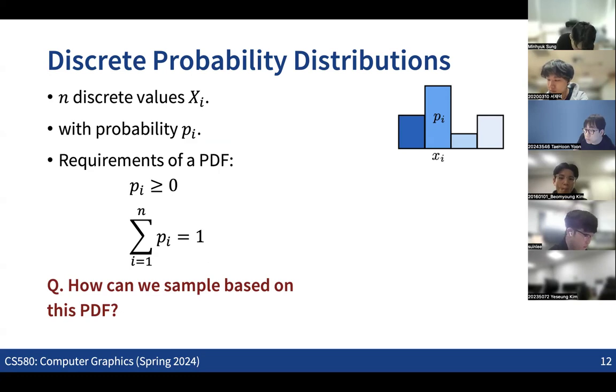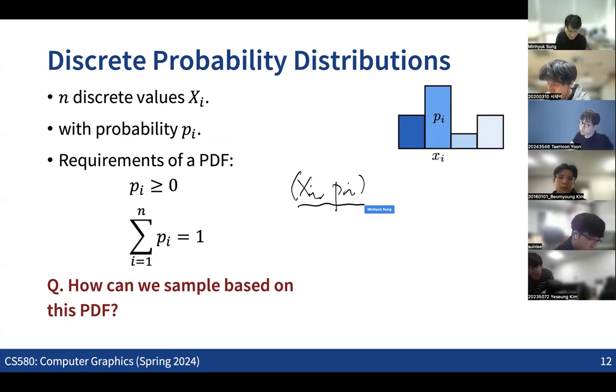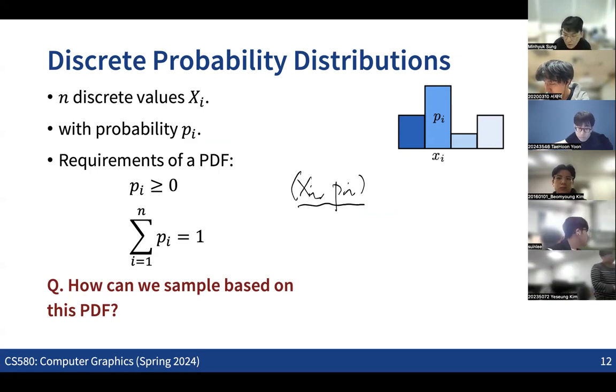So when you have these n pairs of values and probabilities, how can you sample one of the values based on the probability? What should be the basic idea for this?